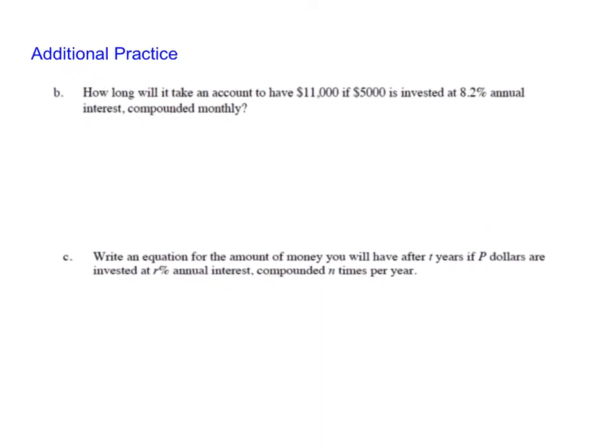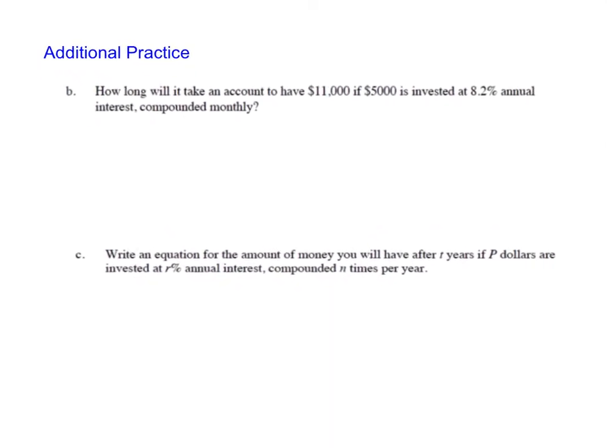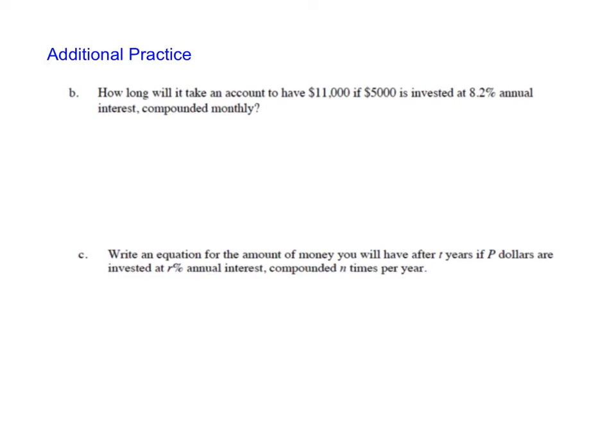Additional practice. How long will it take an account to have $11,000? Ooh, it sounds like they just gave us an output value. If 5,000 is invested, so that's our A value, at 8.2% interest compounded monthly.